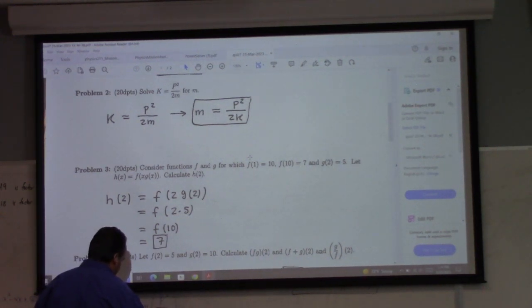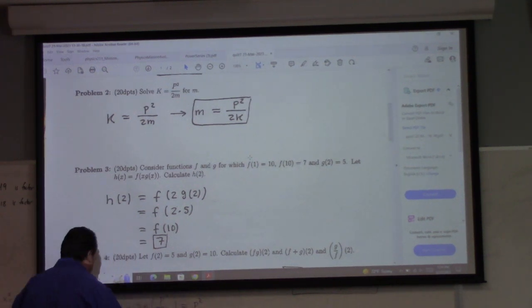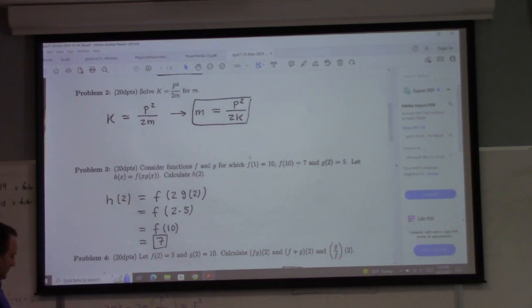These 2m's cancel, so I get p squared here. Then, to solve for m, I divide by 2k. Oh, 2k. Okay, that makes sense. All right.